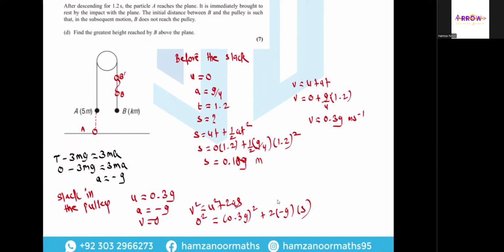But in order to make you understand this, I've mentioned this equation, because this is a very basic case of pulley. When you deal with inclined planes, say a pulley is fixed at the edge of an inclined plane, and the slack in the pulley happens, you consider the equation of motion of this particle, and it also depends on whether the inclined plane is smooth or rough.